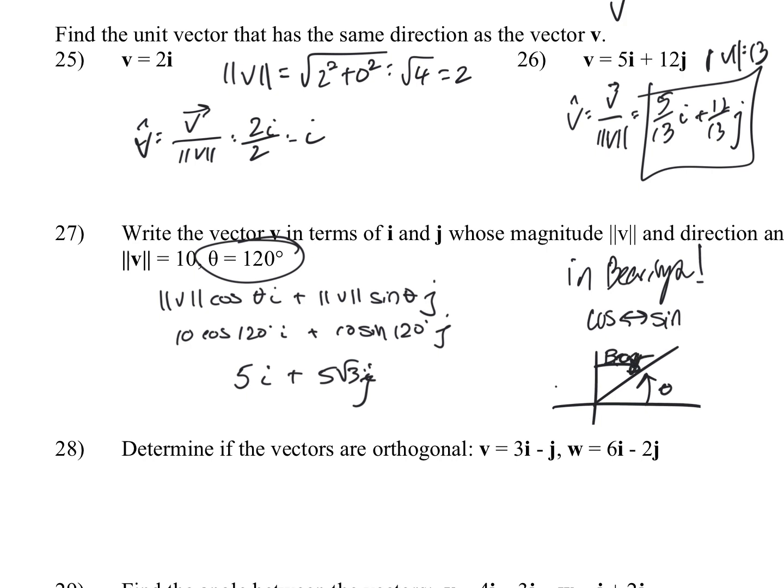So if this was a bearing question, we wouldn't be doing magnitude cosine theta I, we would do magnitude sine theta I if it was the bearing angle, and flip-flop it here. Now you could easily convert it. That would work too, but just be aware that when we give you bearing, it's vertical. So cosine and sine switch, really by definition in a sense.